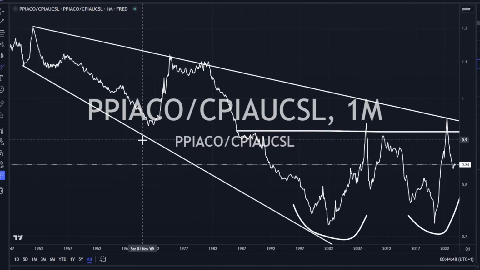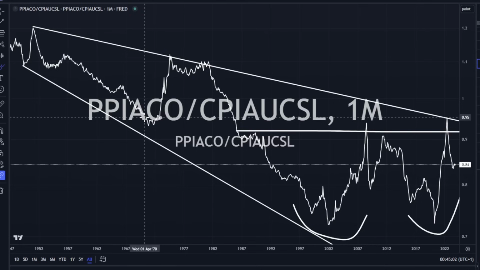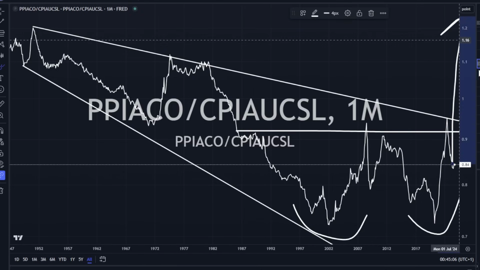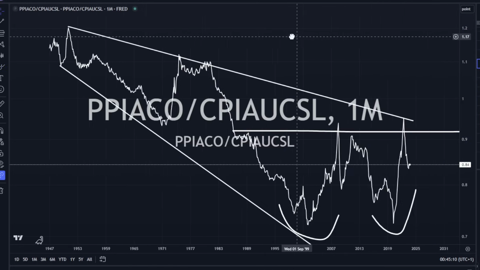And if that Livermore accumulation cylinder in the regional banks goes up, then your producer price index is going to go up, because that's going to be the driver of inflation. This is signaling a double bottom where the producer price index is going to outperform the consumer price index, which means a very inflationary force is coming if we break completely out of this pattern.